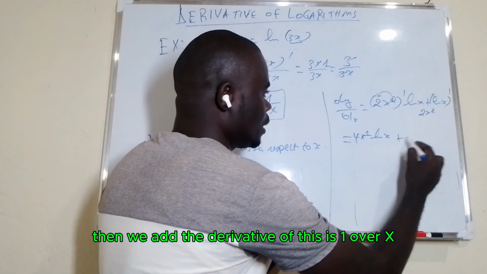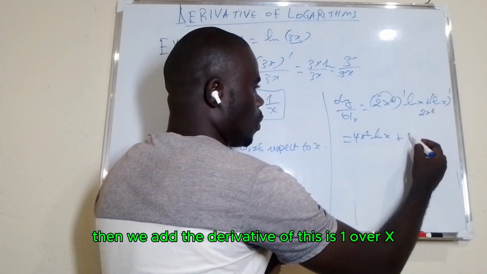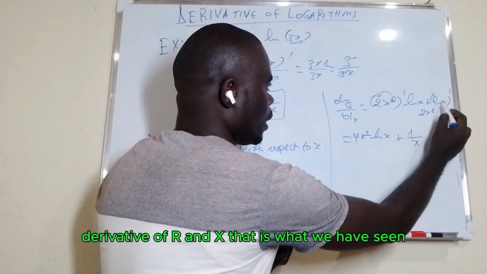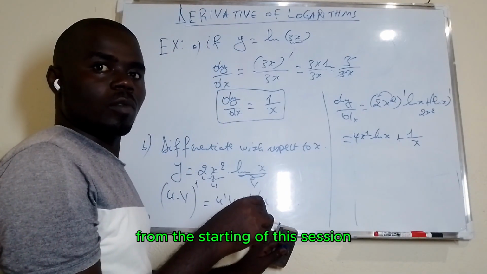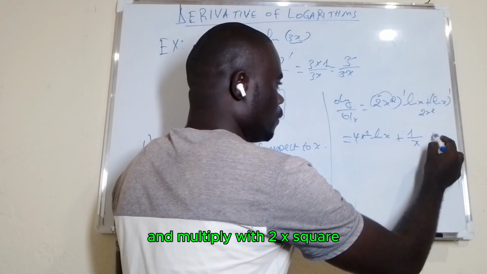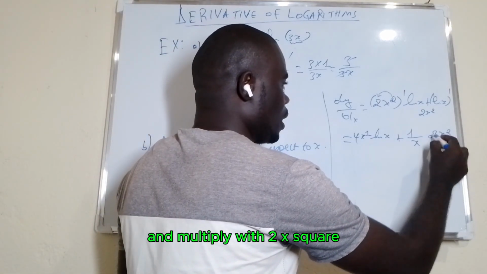Then we add the derivative of this, it is 1 over x, derivative of ln x, that is what we have seen from the starting of this session. Then multiply with 2x squared.